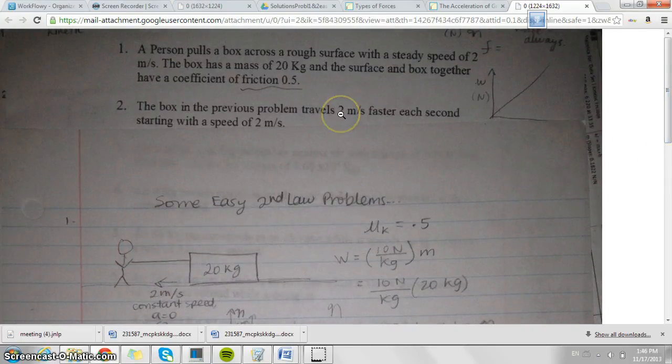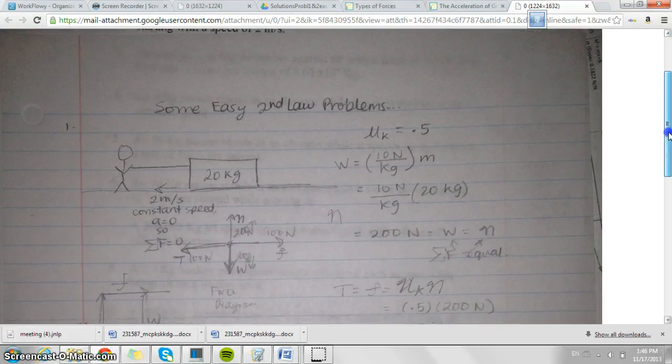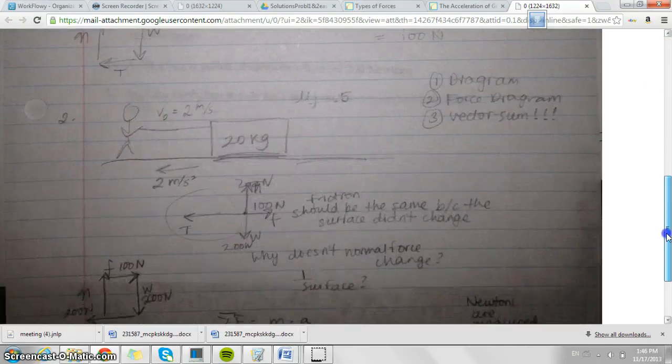The box in the previous problem travels 2 meters per second faster each second, starting with a speed of 2 meters per second. So the box is already moving, but now the box has an acceleration, 2 meters per second squared. Let's see here. There's an acceleration in this direction of 2 meters per second squared.